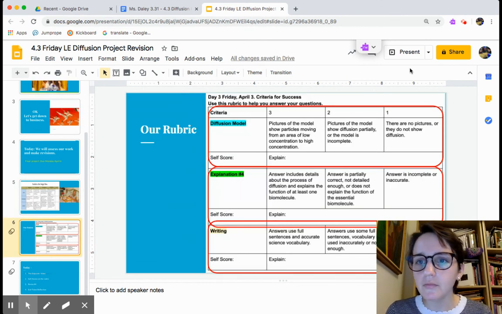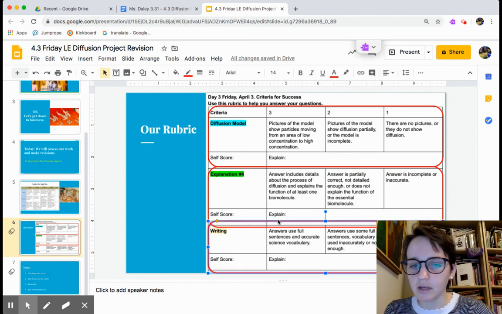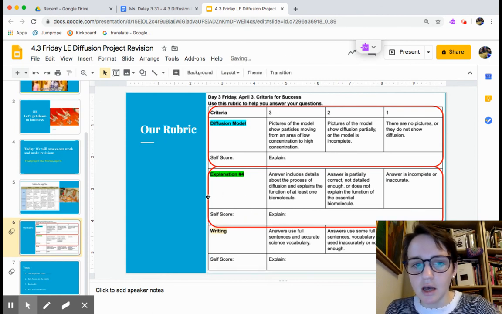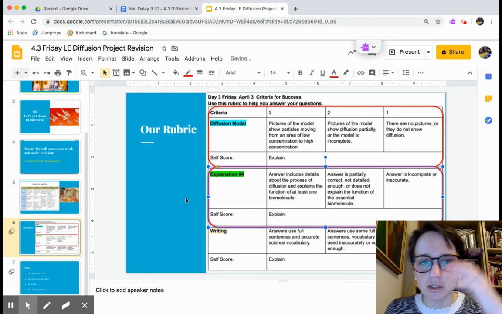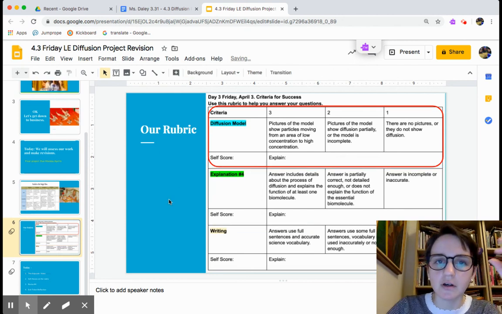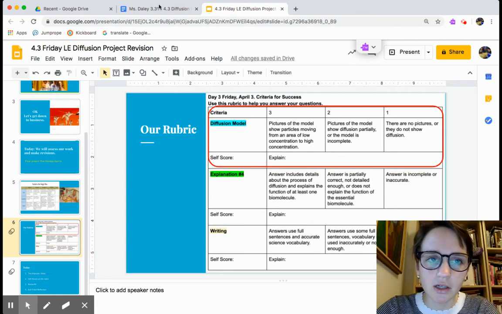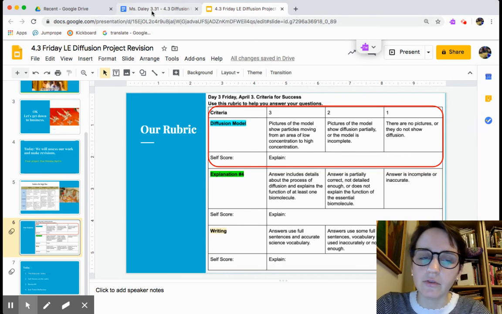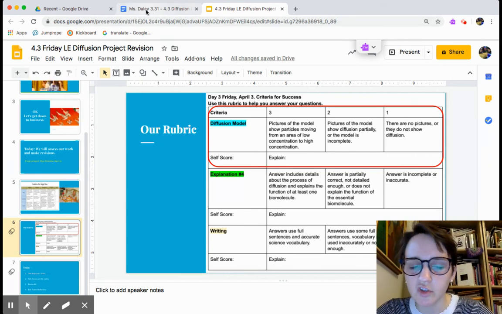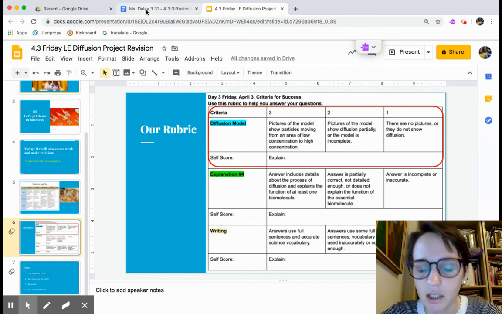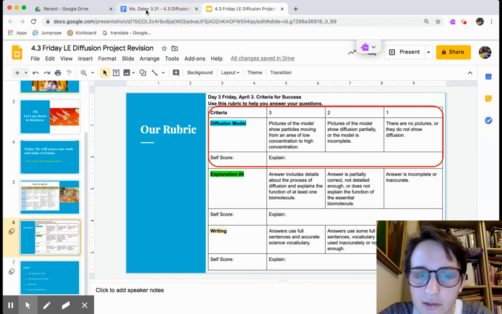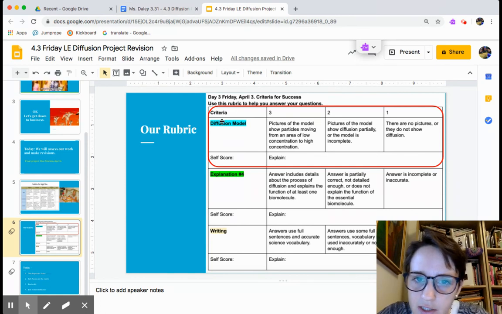Now, if I go to our rubric, this is our rubric. I'm going to delete these. This is the one that I'm using to assess your model. So I made an example of the assignment. I did my own version of a diffusion model, and I am going to go ahead and assess using my rubric. So my first criteria is the diffusion model.